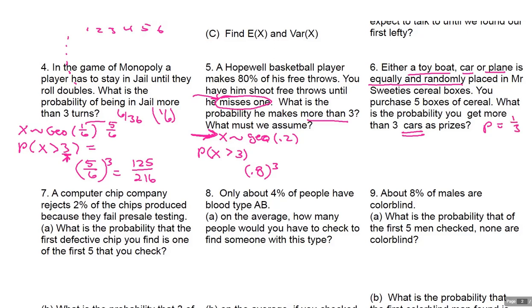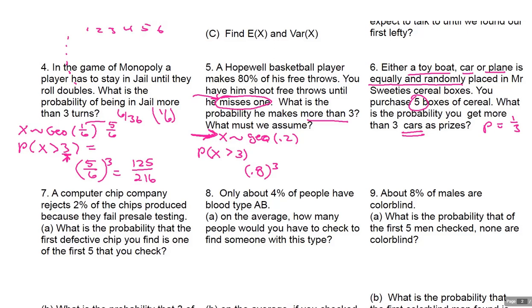Now, what kind of distribution is this? It would be binomial, right? You'll notice there's a set number of trials, and what's more, the thing I'm interested in happens more than once. It doesn't happen and then stop. Okay?